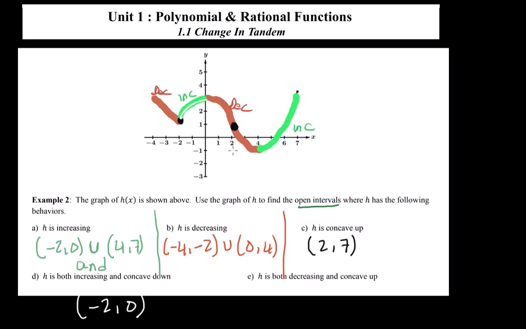Where are we decreasing? Just from 2 to 4. That's the one section of the graph that combines decreasing and concave up. So it will be 2 to 4. Always read the graph from left to right.